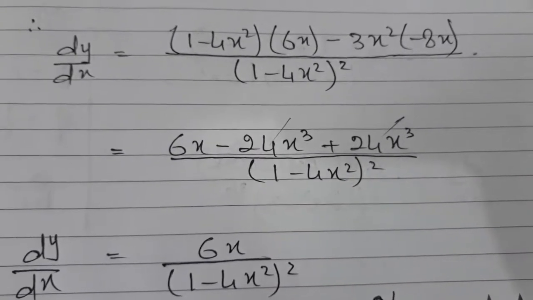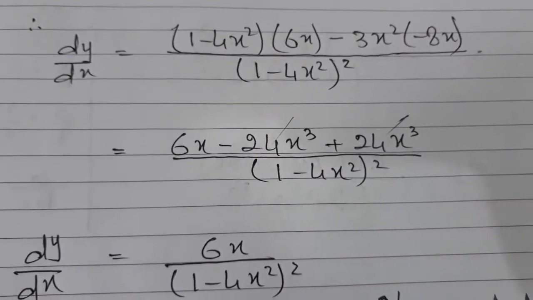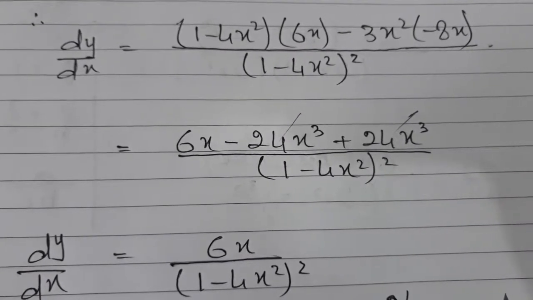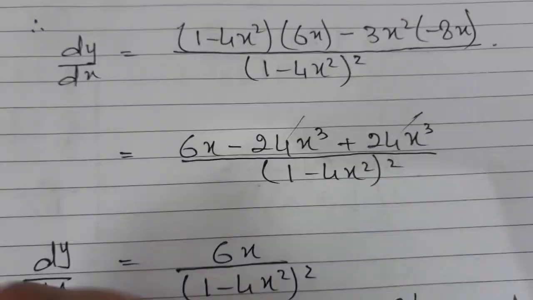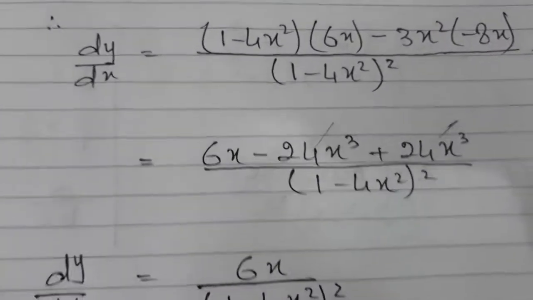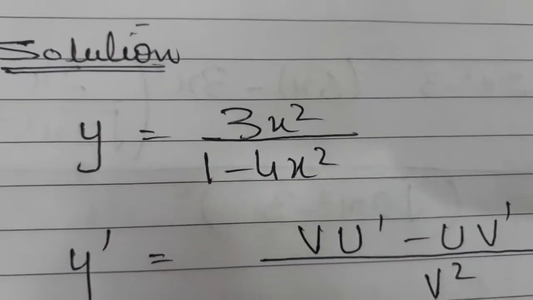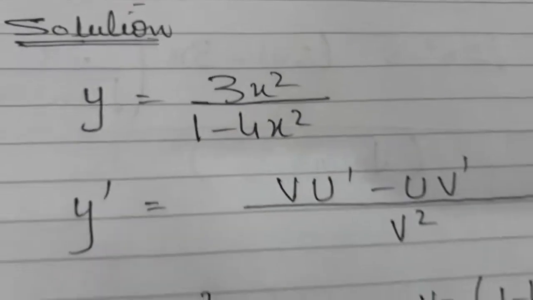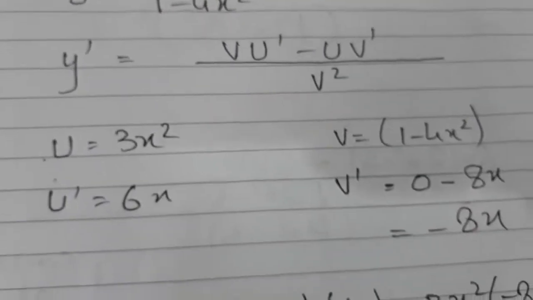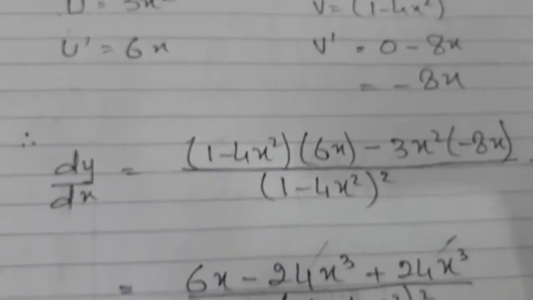Now question is saying find the value of dy over dx at x equals 1. It simply means on the original function, at the point where x equals 1, what is the slope there? What is the rate of change there?